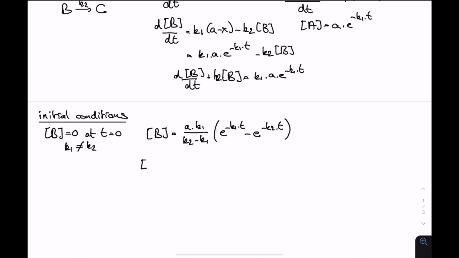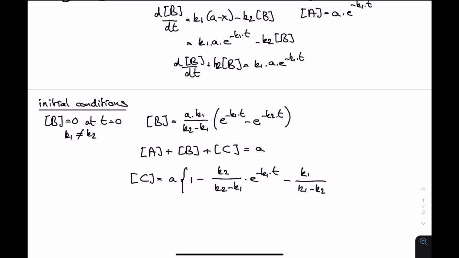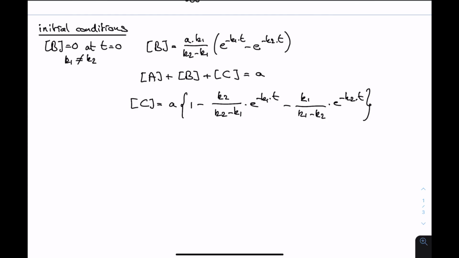You will always have that the sum of all the concentrations is constant, and it's equal to the initial concentration of A. If we substitute that, we get the concentration of C is A times 1 minus k2 over k2 minus k1 times e to the minus k1 times time minus k1 over k1 minus k2 times e to the minus k2 times time. I'll try to sketch the progression of such a reaction.